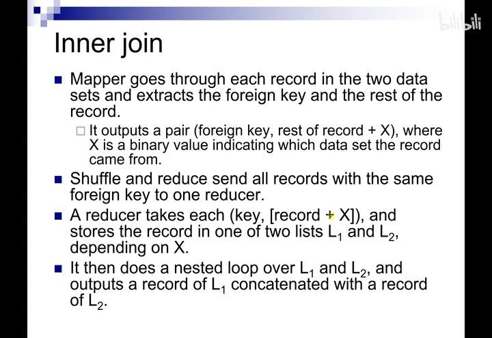Then it's going to take all the pairs that come from the second table and put them into a list L2. And then it's going to do a nested loop over L1 and L2. So for each record of L1, it's going to combine it with all of the records of L2. In total, this is going to form L1 times L2 number of records.